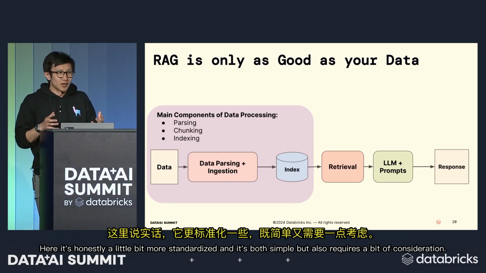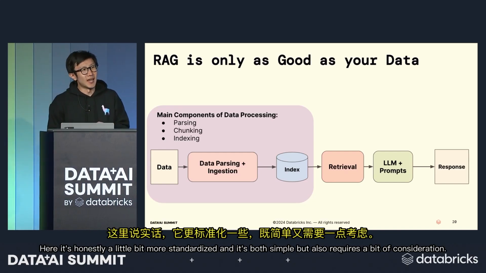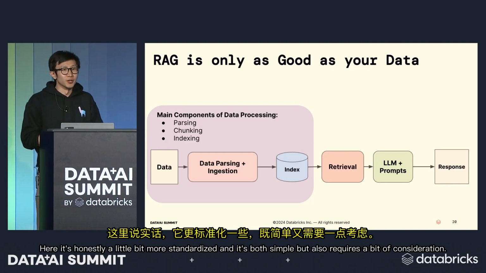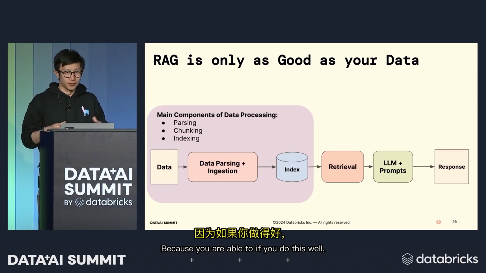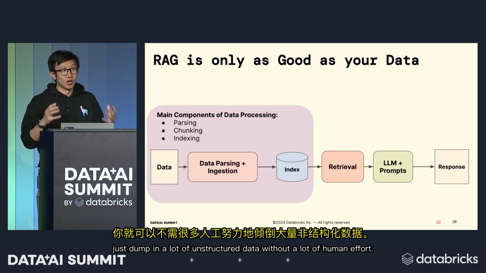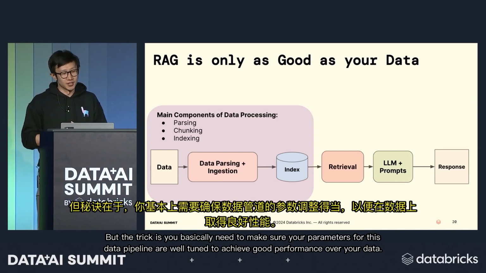Here, it's honestly a little bit more standardized, and it's both simple but also requires a bit of consideration. Because if you do this well, you are able to just dump in a lot of unstructured data without a lot of human effort. But the trick is you basically need to make sure your parameters for this data pipeline are well tuned to achieve good performance over your data.